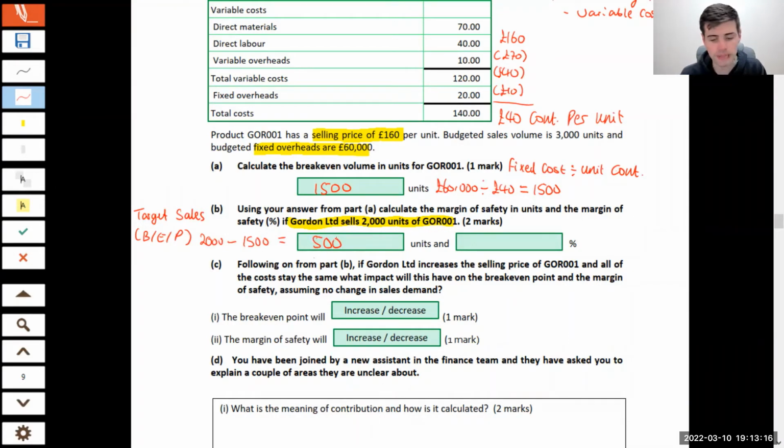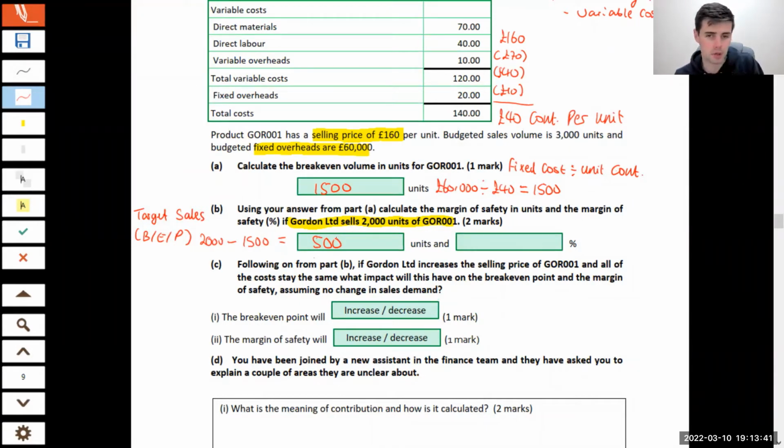What that essentially means is I can afford to sell 500 units less than what I want, but I'm still making a profit. If I go beyond that point, if my sales drop to 501, I'm making a loss. My margin of safety is 500 units. It's the amount of units my sales can drop below my target before I start making a loss.